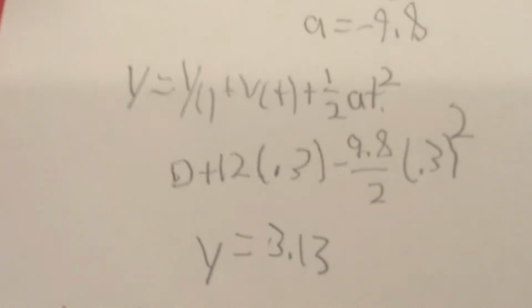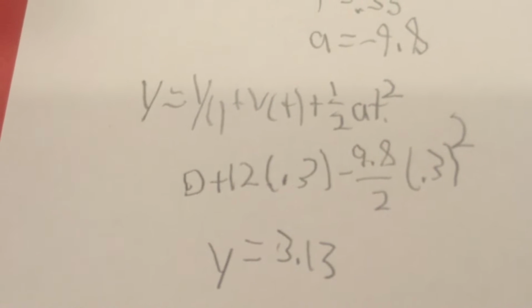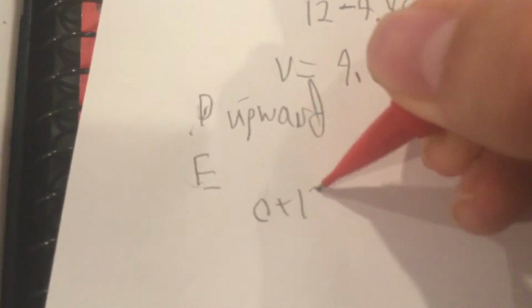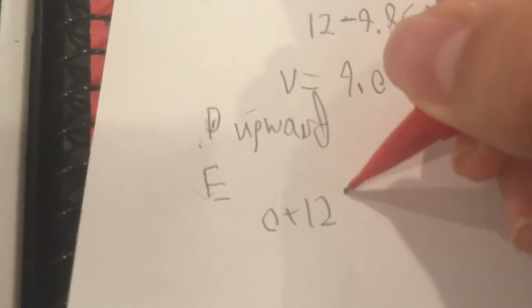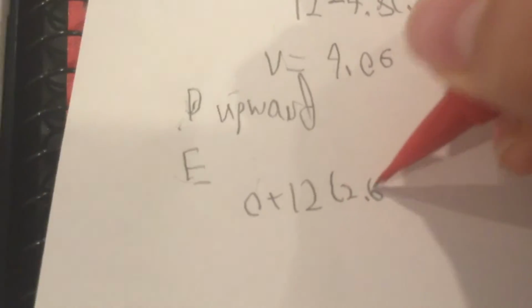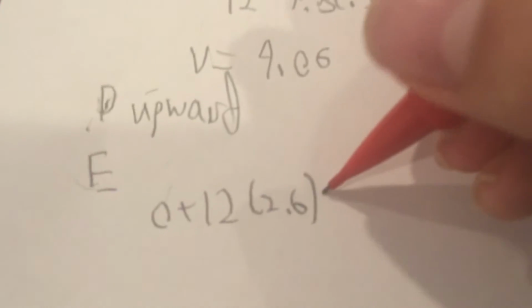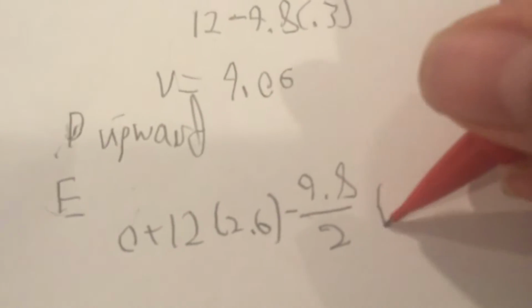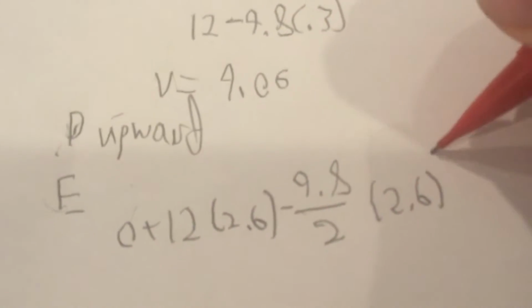We're just going to plug it back into the equation we did in the above problem. We're going to use the y naught plus v naught t plus 1/2 a t squared equation, and plug 2.6 seconds into that equation. So 0 plus 12 times 2.6 minus 9.8 over 2 times 2.6 squared.